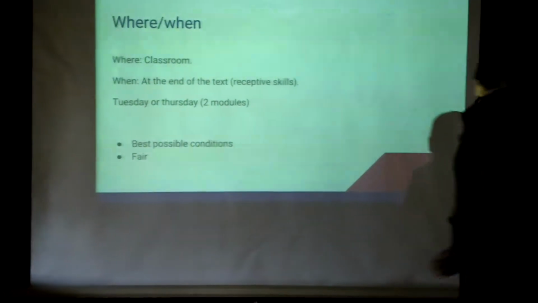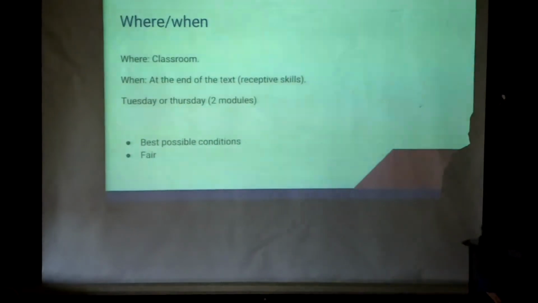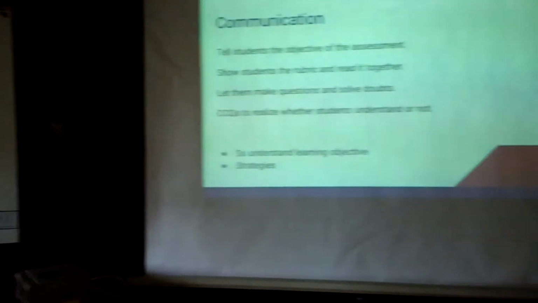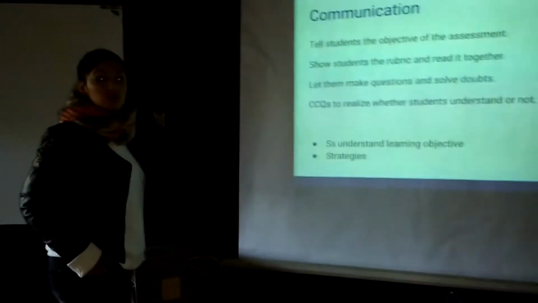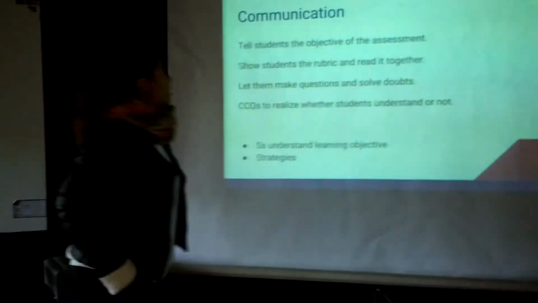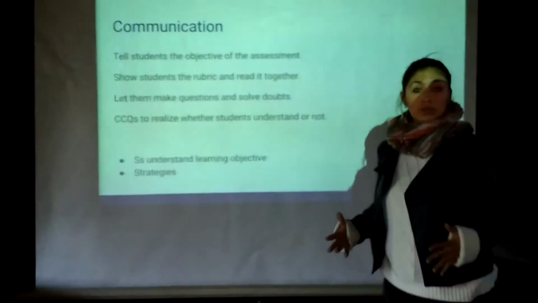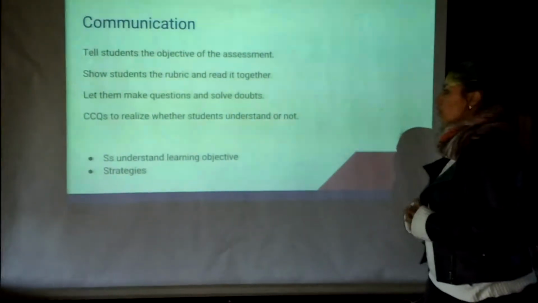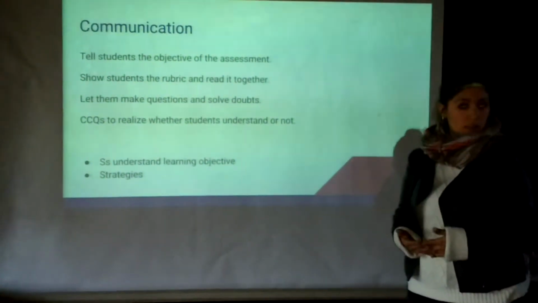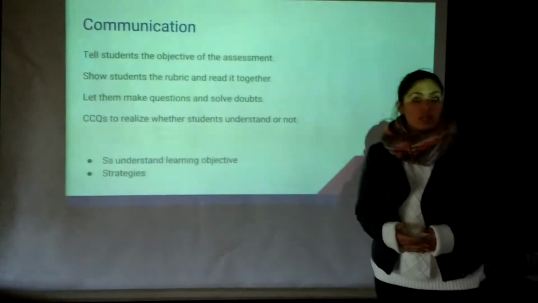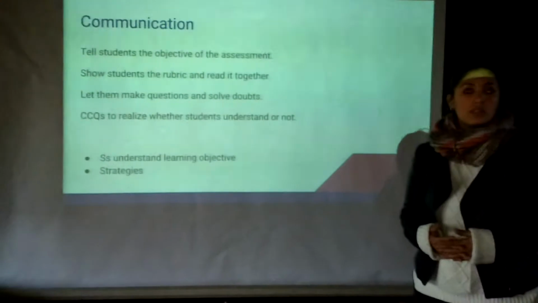Now, communication. In this part, we are going to tell students the objective of the assessment, show students the rubric and read it together, and let them ask questions and solve doubts about the assessment, and use CCQs to realize whether students understand the objective of the assessment or not.